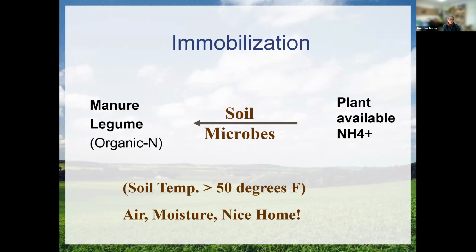What you're going to see is whatever's trying to grow there go yellow, or maybe not grow very well at all. What's happening is that the microbes really want to break down that organic matter, but there's not enough nitrogen to break it down.